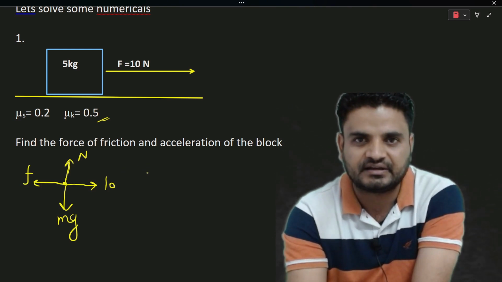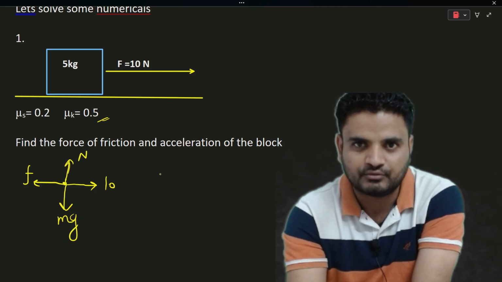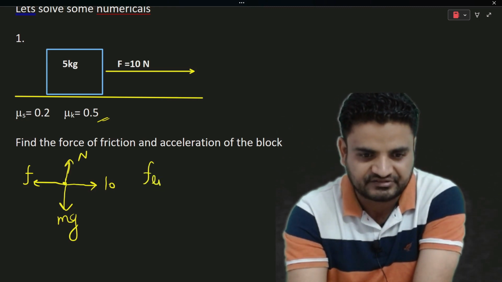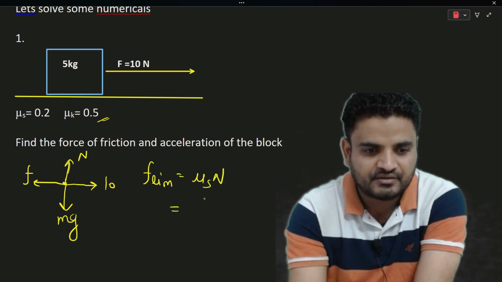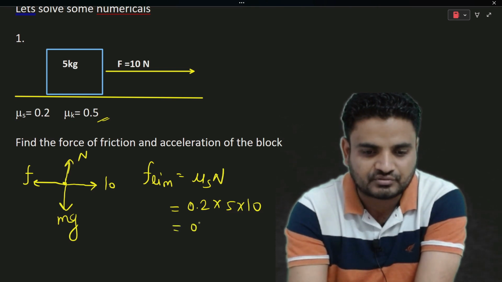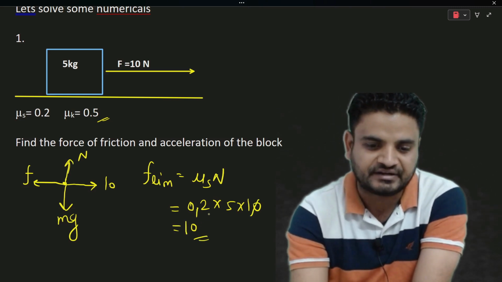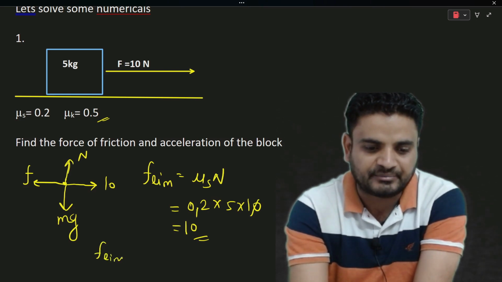So first we will find the limiting friction, then we will analyze whether the block will move or not. So F limiting, what is F limiting? Mu s into N. What is mu s? 0.2 into N, 5 into 10. So it is 0 and this point will get cancelled. So the final answer is 10 Newton. So limiting friction is 10 and our applied force is also 10. So we can say F limiting equals F applied.